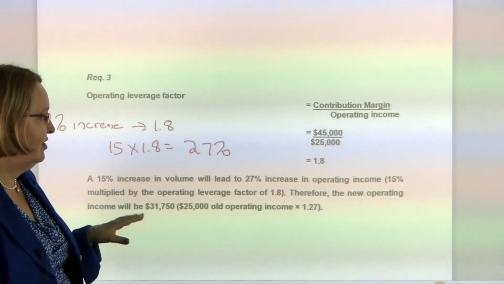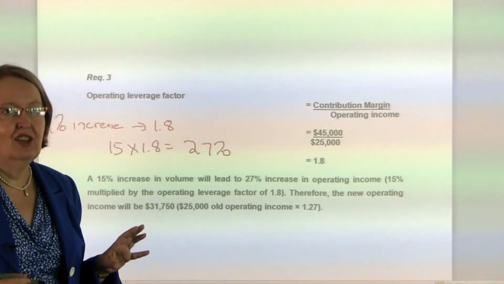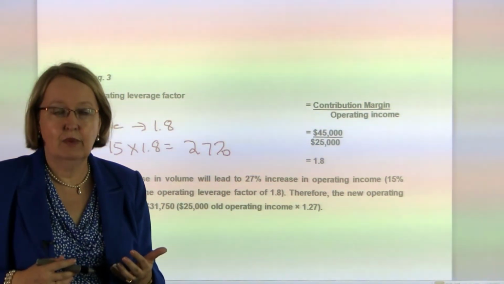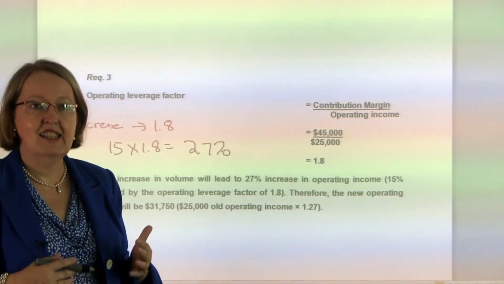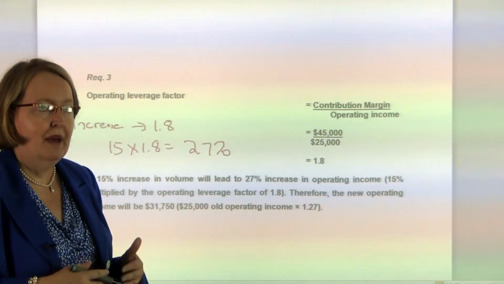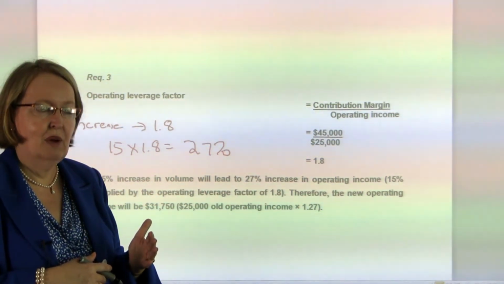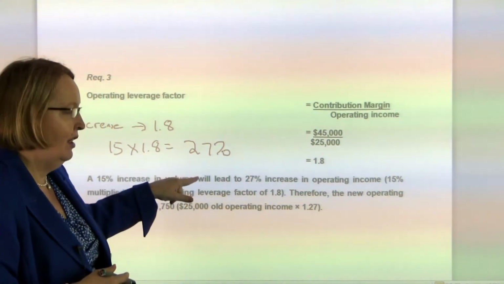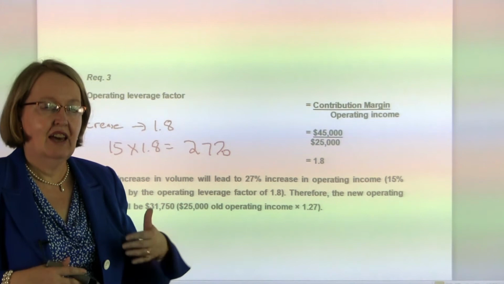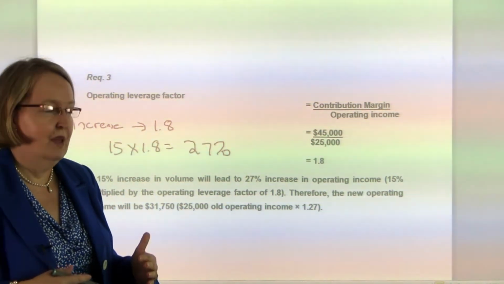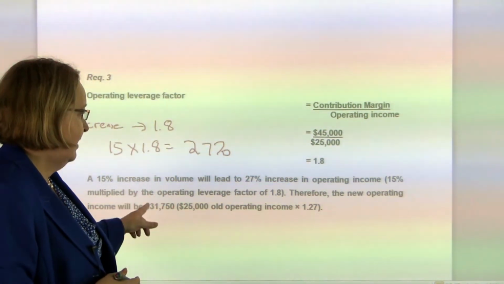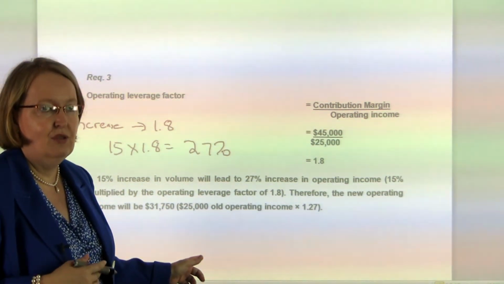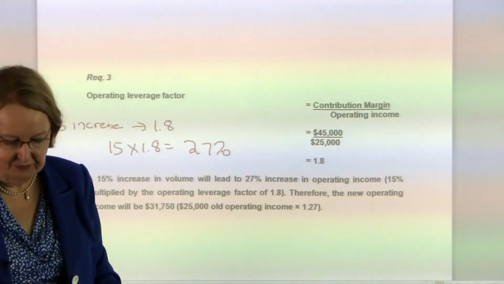And this is a very quick calculation to use. If you are doing sensitivity analysis, where you look at various sales levels and ask what would happen to the bottom line if we increased our sales by X, then by using this formula, rather than calculating a whole new income statement, you can very quickly see the impact on your operating income without having to prepare a full income statement.